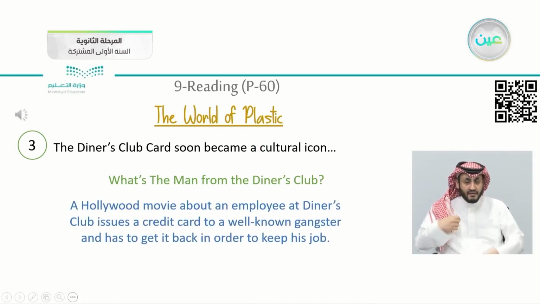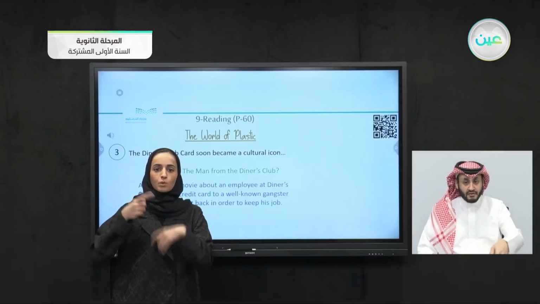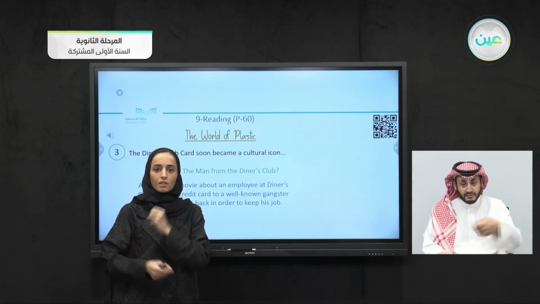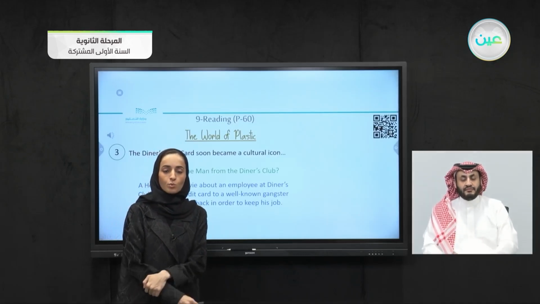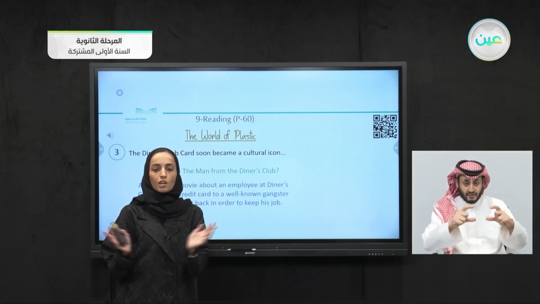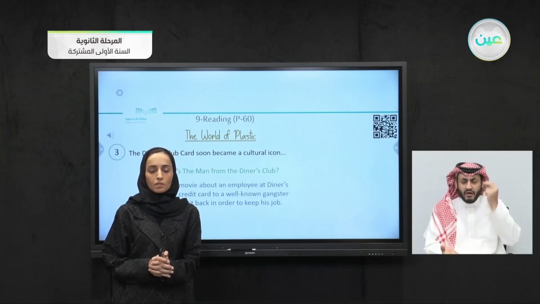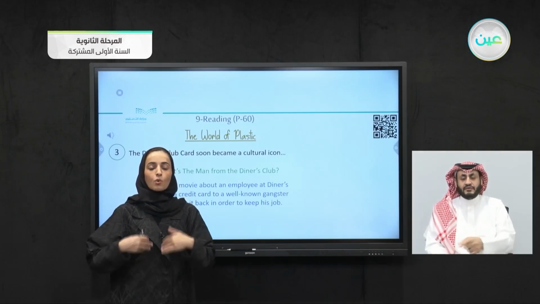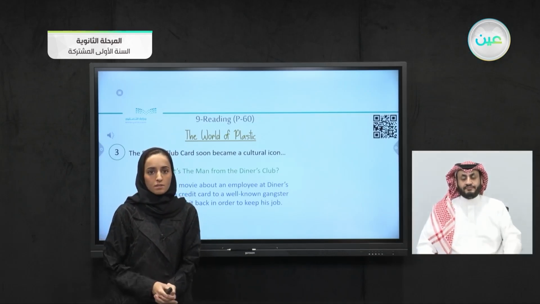It is a Hollywood movie about an employee at Diners Club who issues a credit card to a well-known gangster and has to get it back in order to keep his job. He gave it to a gangster, then he was trying to follow him to get the credit card back. With this movie, it became a cultural icon. Everyone knew about it. Then it expanded outside the United States.